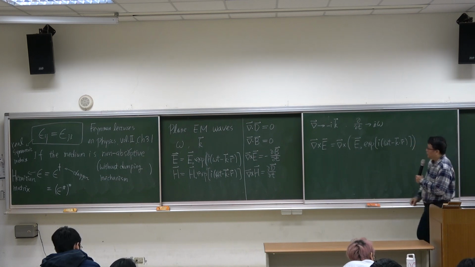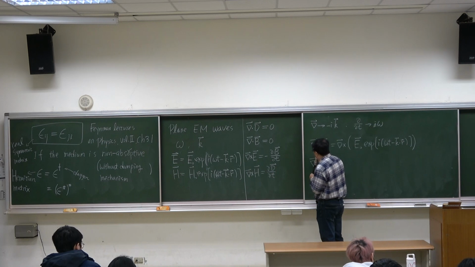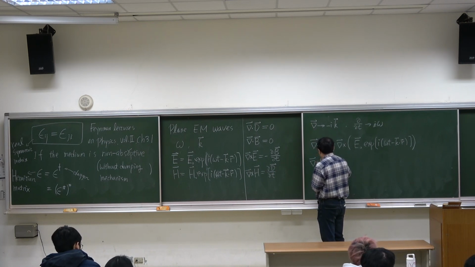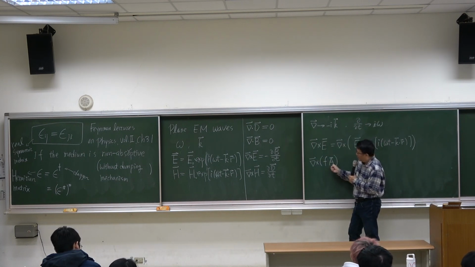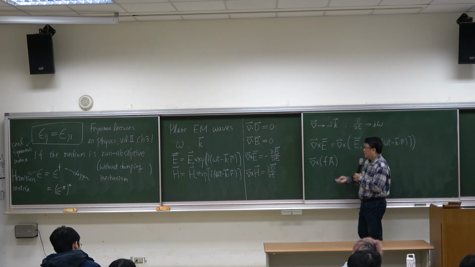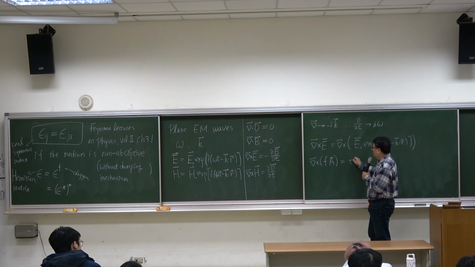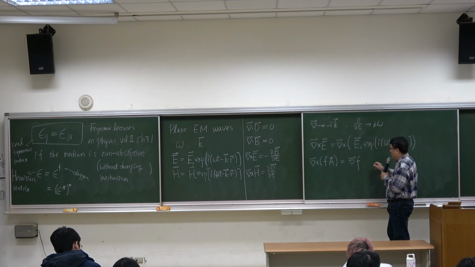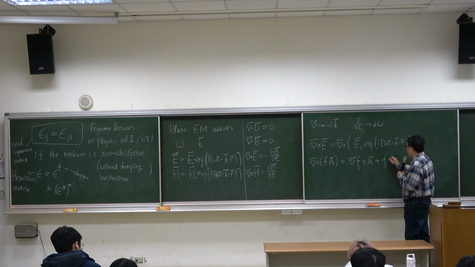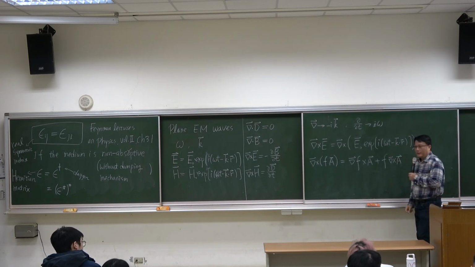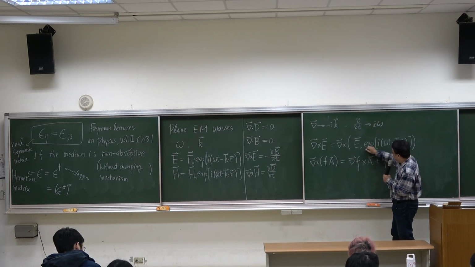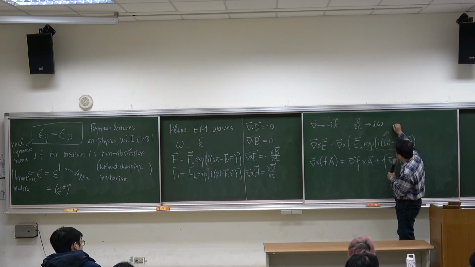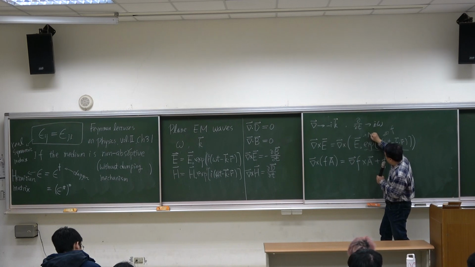Remember that in vector analysis, if we encounter a vector field A multiplied by a scalar f, then this operation, curl of fA, can be expanded as gradient f cross A plus f times curl A. Now this is just this form, and this exponential is the f, and this is just the A field.